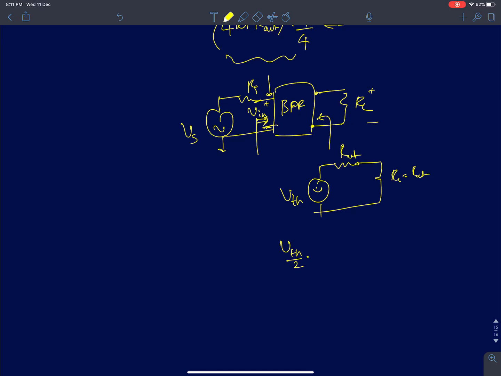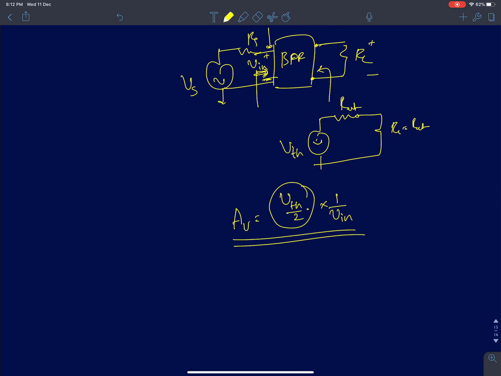So the input of this bandpass filter is V_in, output is V_TH by 2. The voltage gain A_V is simply this divided by this, so V_TH by V_in, so half into V_TH by V_in.